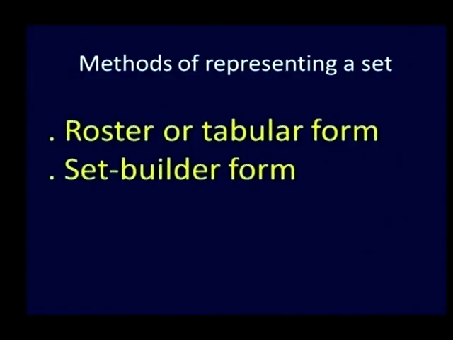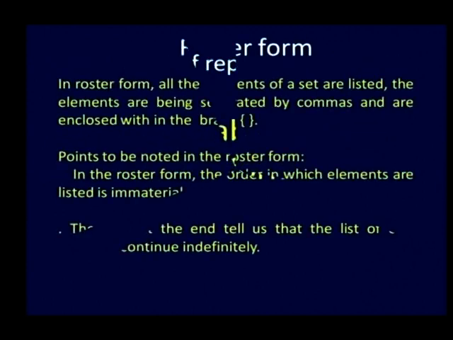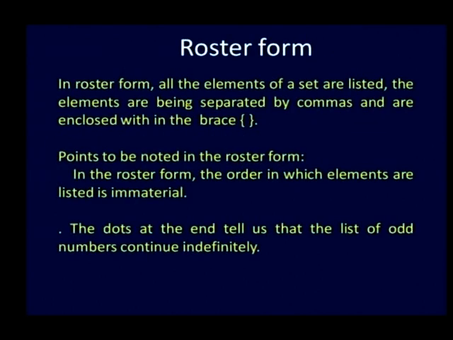Roster form can also be called tabular form, and then set builder form. In roster form, all elements of the set are listed. The elements are separated using commas and enclosed within braces. Braces are nothing but brackets, and they should be curly brackets. The important point in the roster form is that the order in which elements are listed is immaterial.